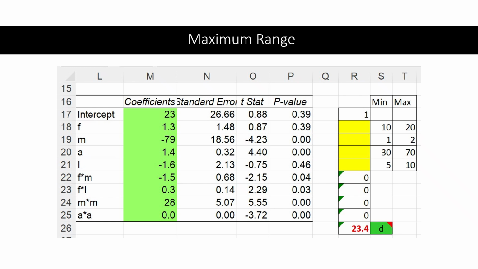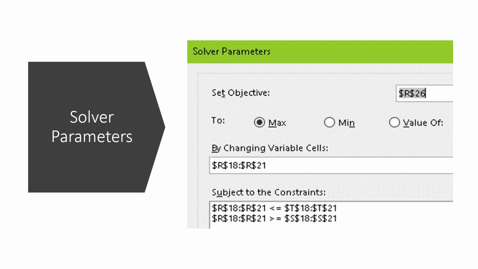The formula for distance in R26 is the sum product of columns M and R. We ask Solver to maximize distance in R26 by changing the values in the yellow cells R18 to R21, subject to their constraints.